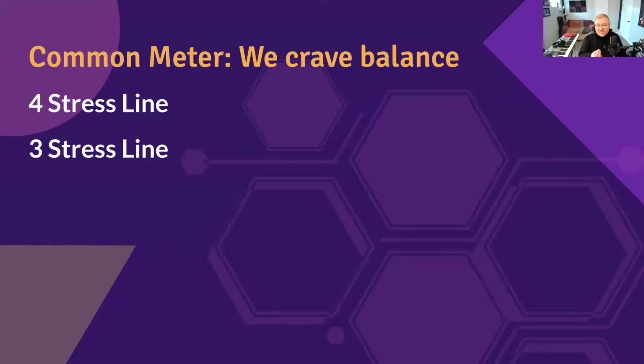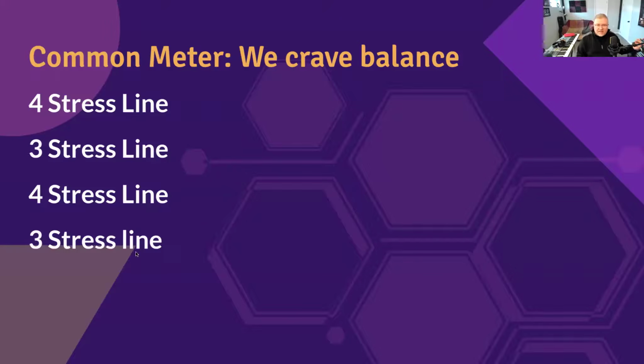If you take a stress syllable off, now all of a sudden you have an unstable 2-line section. And in order to balance it, we want to hear another 4 stress line followed by a 3 stress line. And the balance and the resolution comes at the end of the 4 lines instead of after each 2.